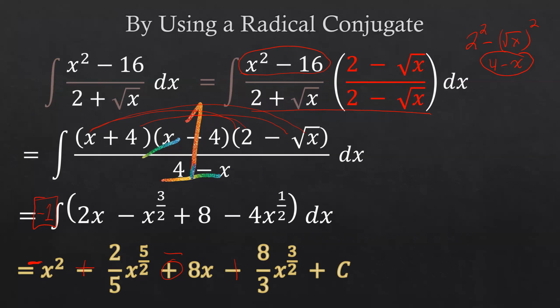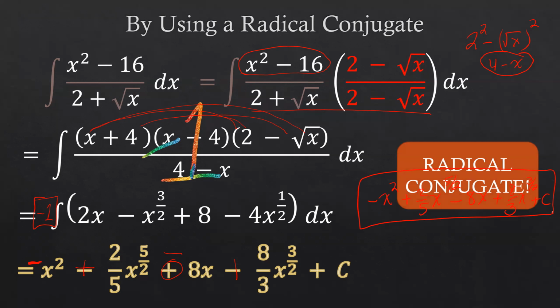Okay, so the final answer should be -x squared plus 2/5 x to the 5/2 minus 4x plus 8/3 x to the 3/2 plus c. That's your final answer. Sorry about that mistake. Okay, and that is how you use the radical conjugate.